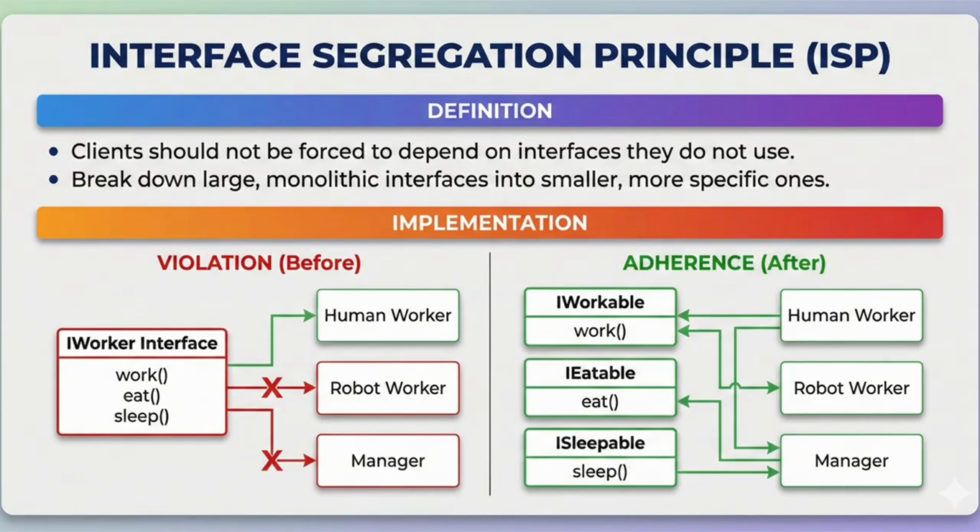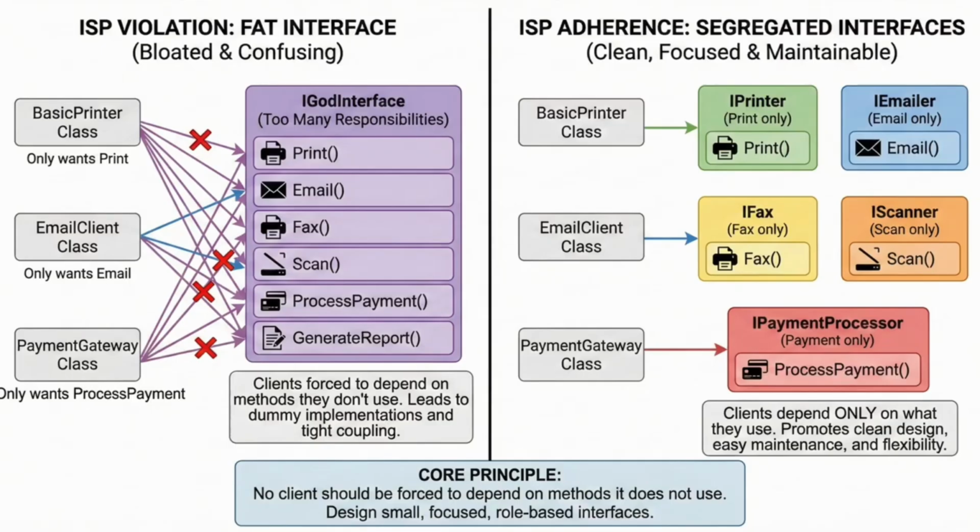Why is the interface segregation principle important? Because in real-world software development, requirements continuously evolve and systems grow over time. If interfaces are large and tightly coupled, any change in one part of the interface can break multiple classes, even if they don't use that feature. This creates unnecessary dependencies, makes testing harder, and increases maintenance headaches.